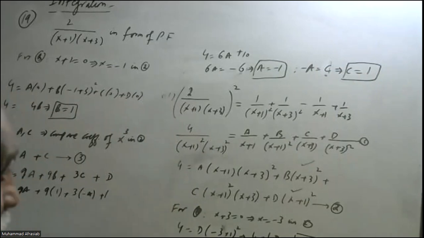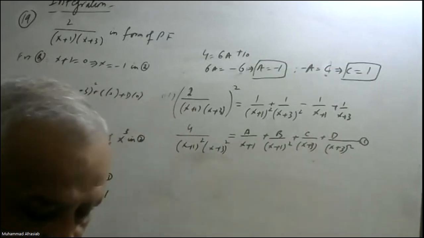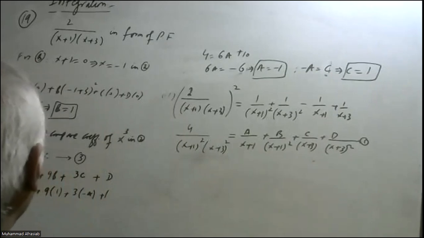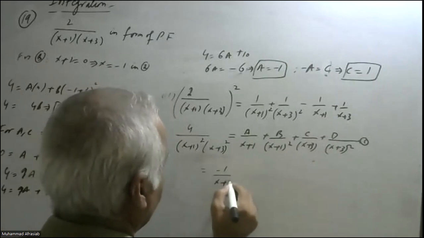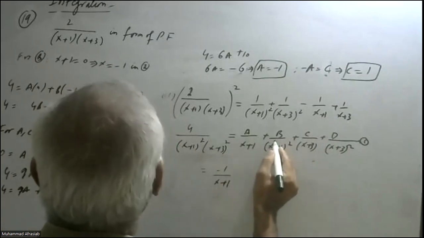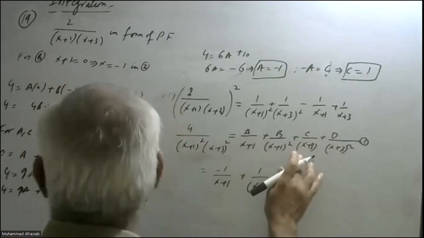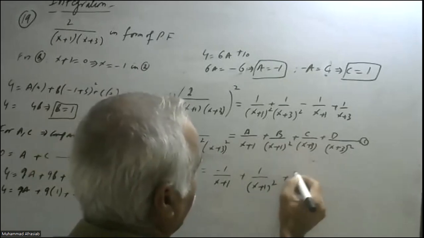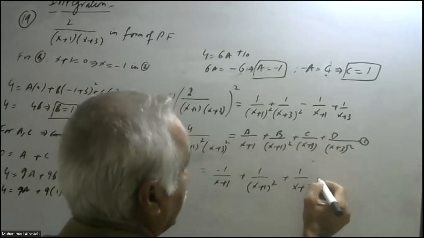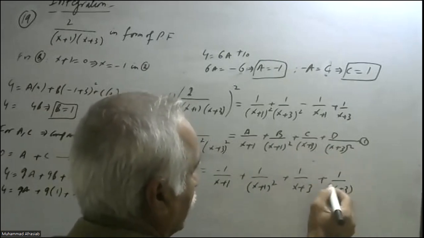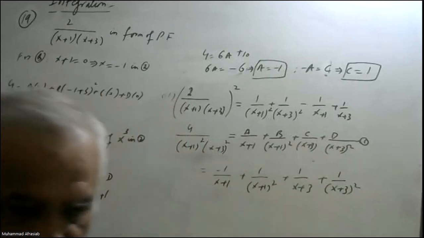So our partial fraction will become equivalent to a is equal to minus 1, so that is minus 1 over x plus 1. b is equal to 1, plus 1 over x plus 1 whole square. c is equal to 1, plus 1 over x plus 3, and d is also equal to 1, so plus 1 over x plus 3 whole square, which proves that this thing is equal to this value there.